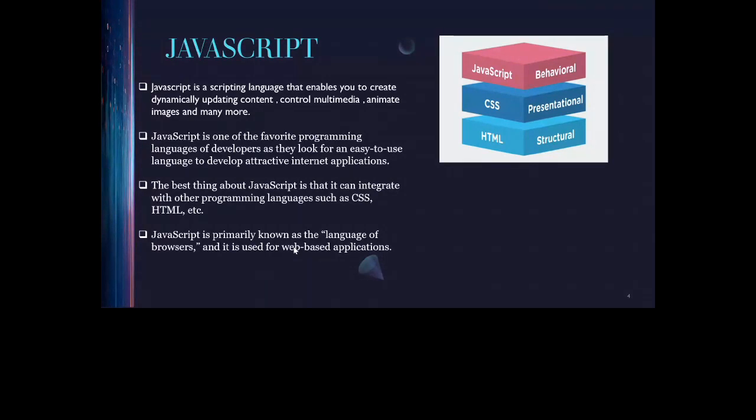We can also control multimedia. For example, if we are making a music player, we have play and pause buttons, and next and previous song buttons, which we can control. The basic functionalities of those web pages will be added by JavaScript.